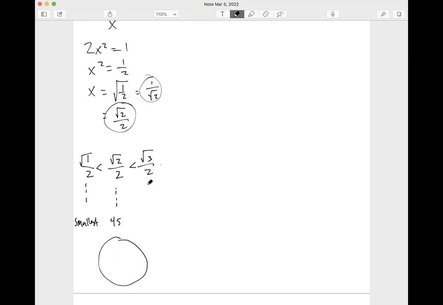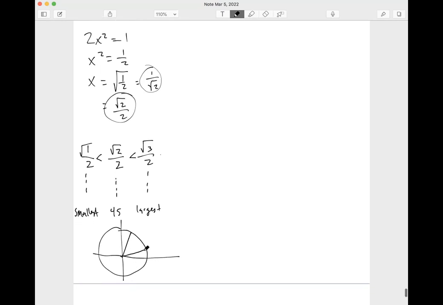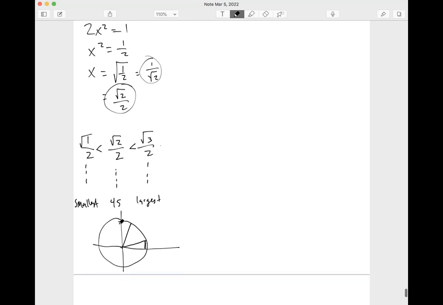If you think about it in the unit circle, this is how I like to think about it sometimes: if you're at the angle that's closer to the x-axis, which is bigger, the x or y value?